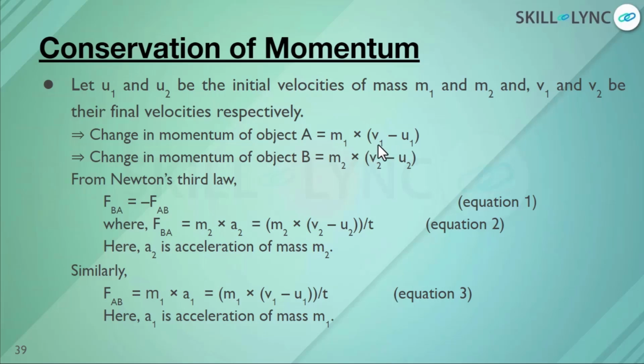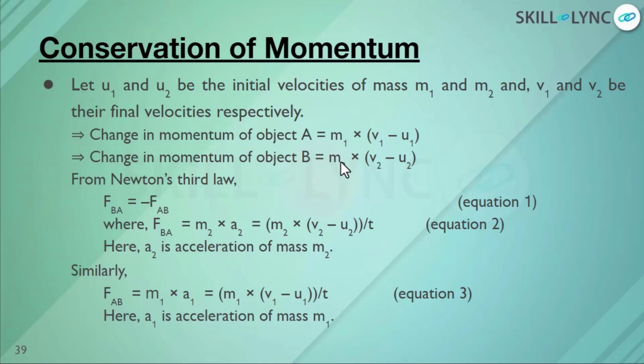Here v1 is the final velocity of object A, whereas u1 is the initial velocity of object A. So the change in velocity would be v1 minus u1, and the mass of object A is m1. Thus, the net change in momentum of object A can be written as m1 into (v1 minus u1). Similarly, the change in momentum of object B can be written as m2 into (v2 minus u2).